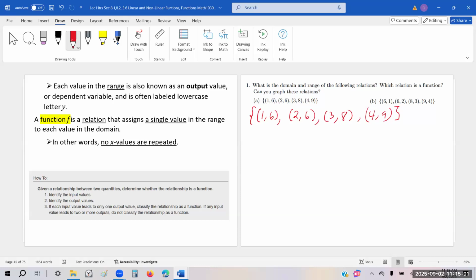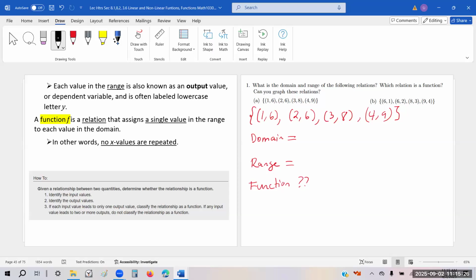But before that, you have to find its domain and range. So we are going to find what's the domain of this relation, what's the range of this relation, and is it a function or not a function?